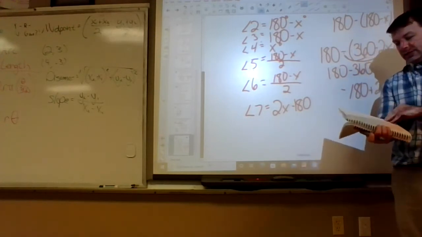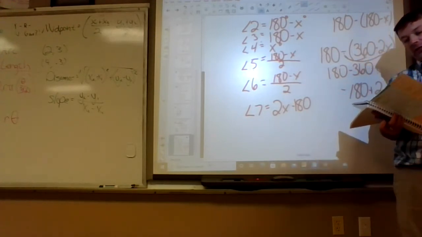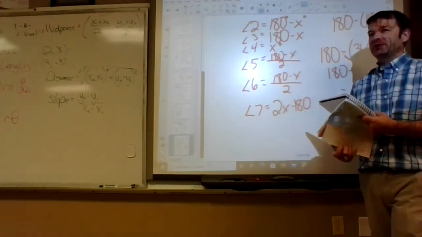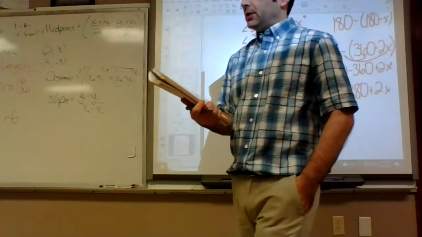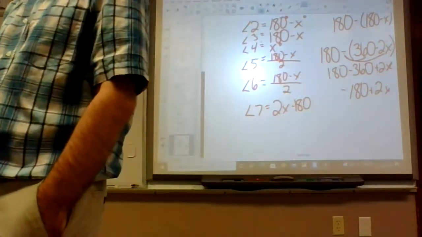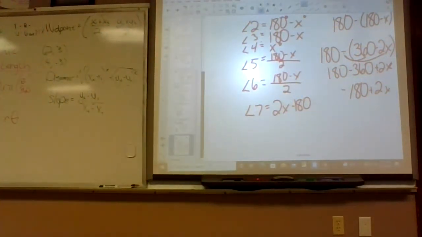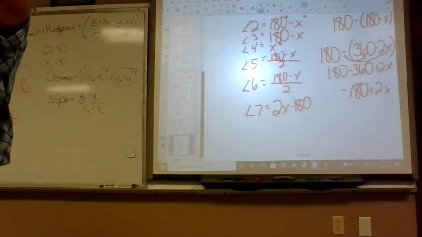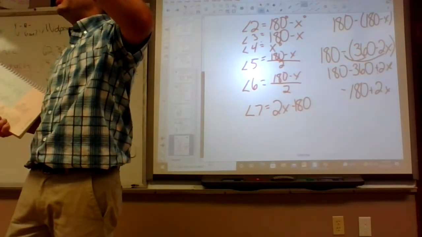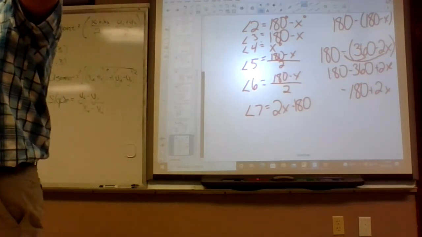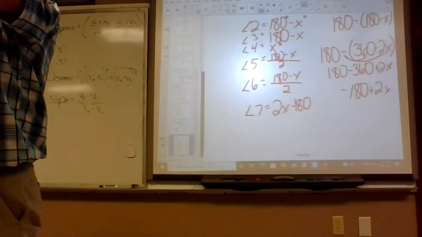Number 17. Okay, this will probably be more familiar because this is last week's stuff. If the triangle can be proved congruent, write a valid congruence statement and name the postulate or theorem that justifies it. What were the postulates or theorems that we used to prove triangles are congruent? Side angle side, side side side, angle side angle, angle angle side, and hypotenuse leg.